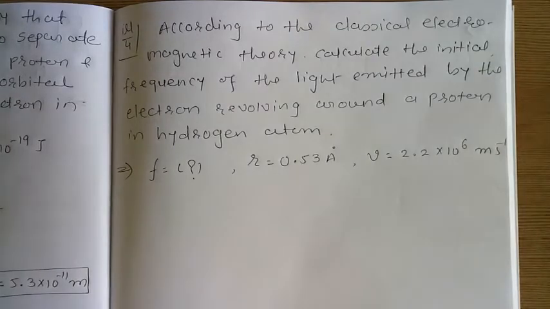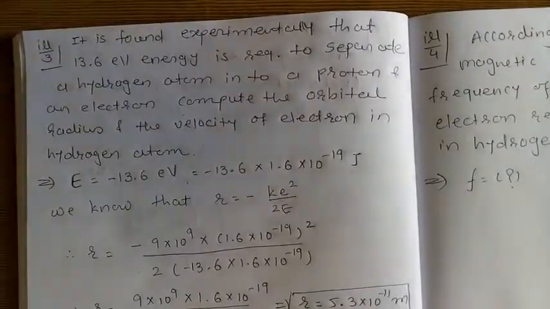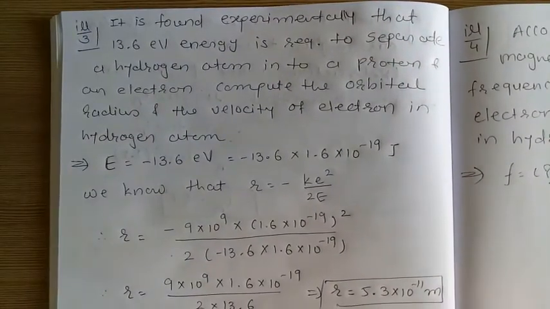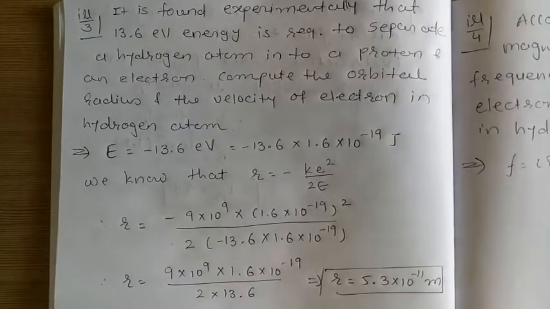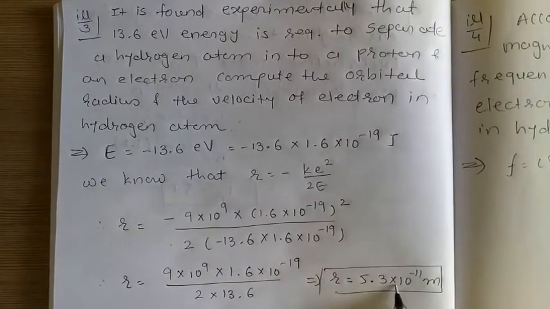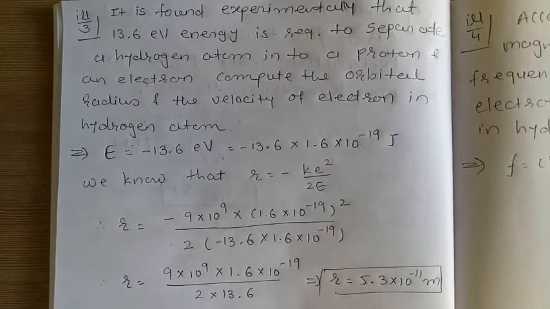You can see in illustration number 3. See here friends, in this illustration number 3 we already found the radius r is equal to 5.3 into 10 raised to minus 11. So we can also write that 0.53 into 10 raised to minus 10. That means the radius is 0.53 angstrom, right?